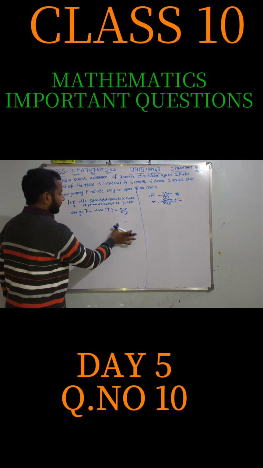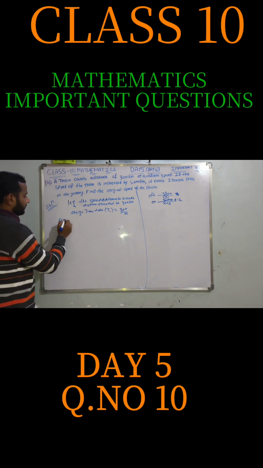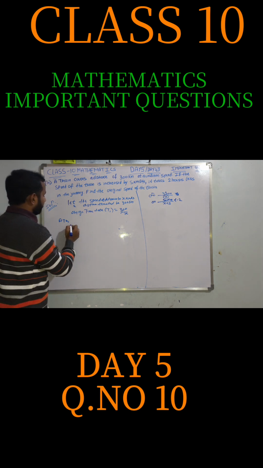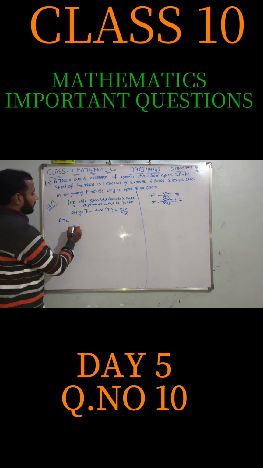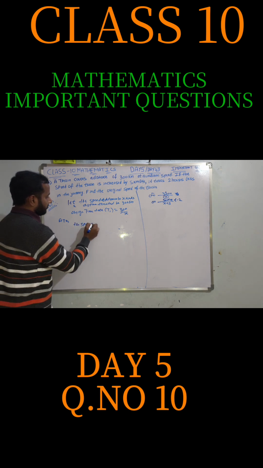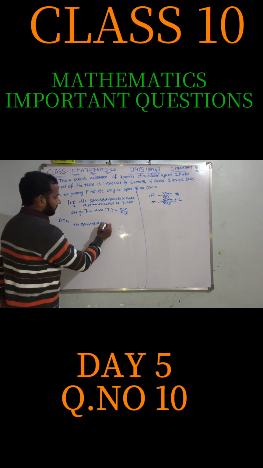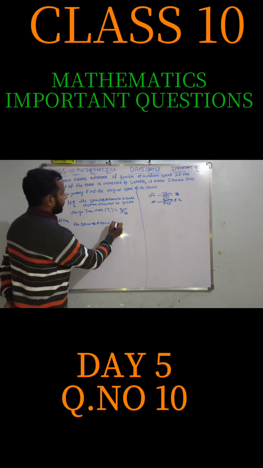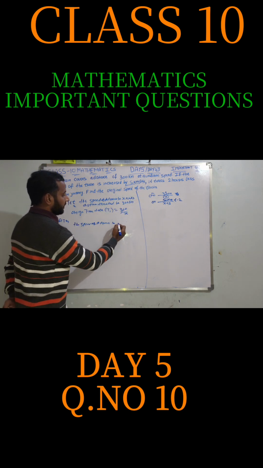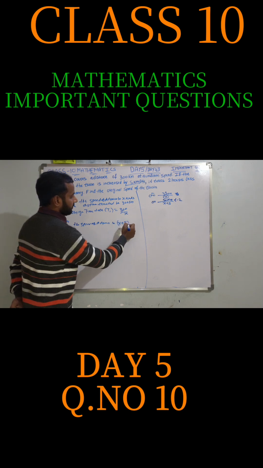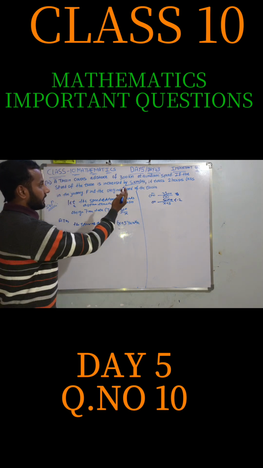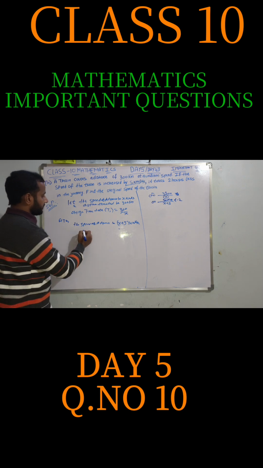Next, according to the question, let us go for equation 2. The speed of the train is now increased by 5 km per hour. Before it is x, now it will be x plus 5 km per hour, and it takes 2 hours less, but the distance is the same.